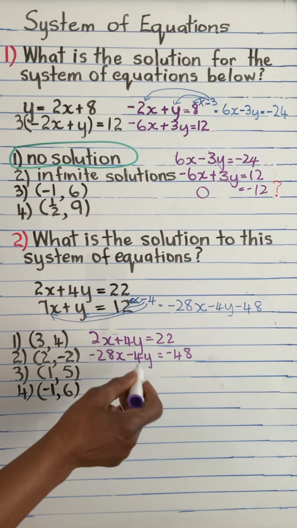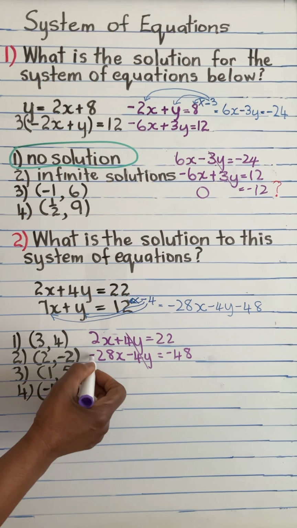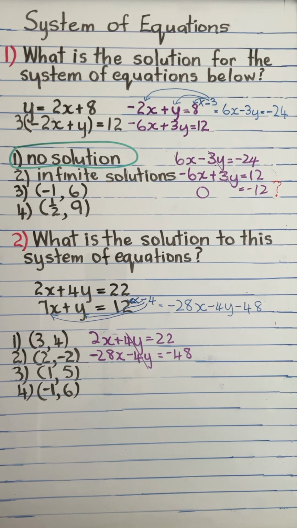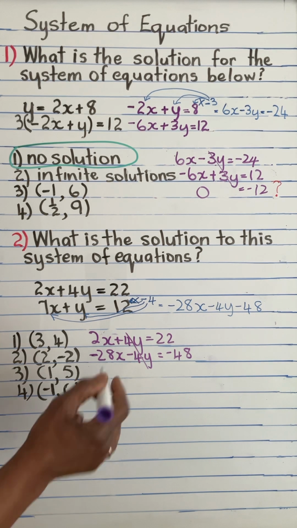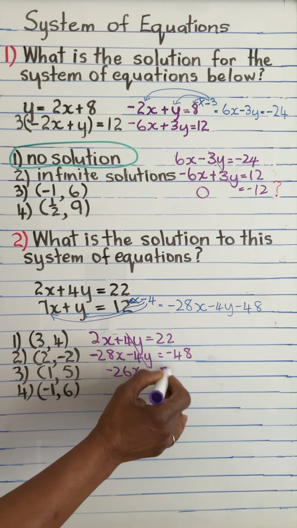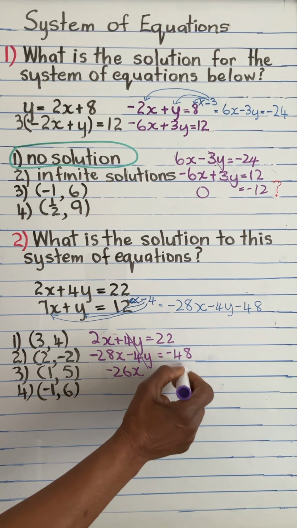Now we're going to add. The y cancels out, it is eliminated. 2x minus 28x is equal to negative 26x, which is equal to negative 26.